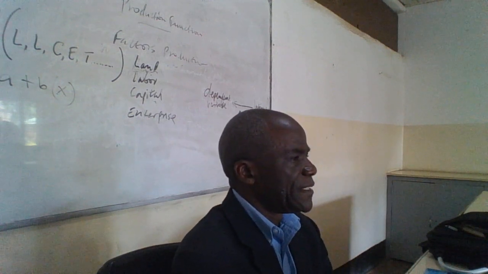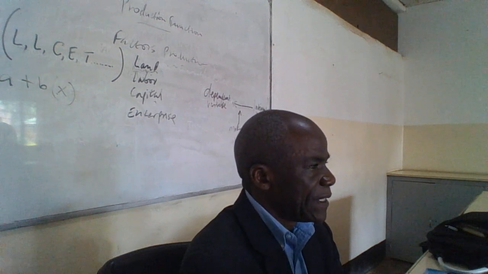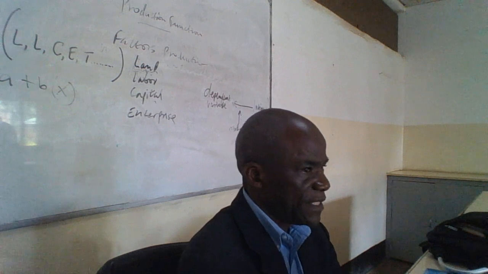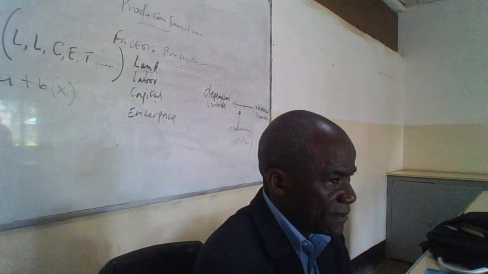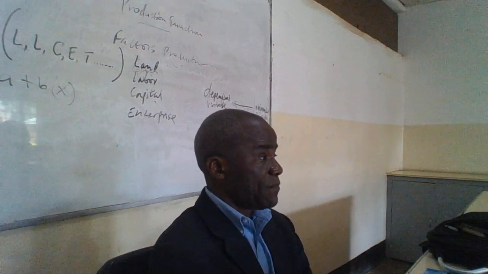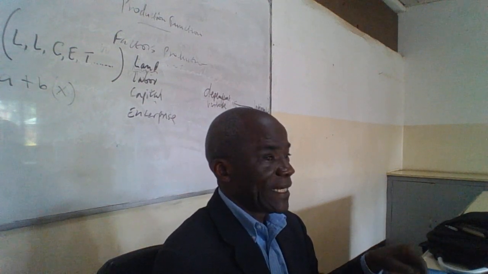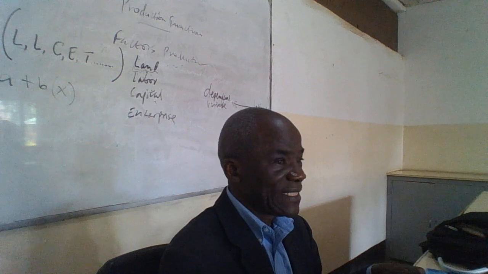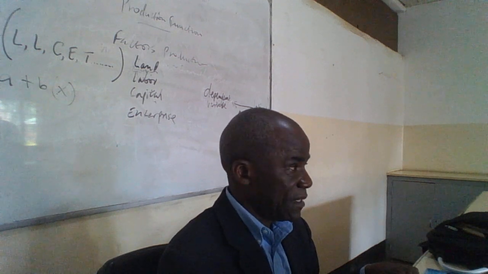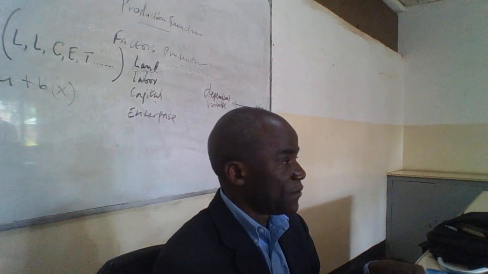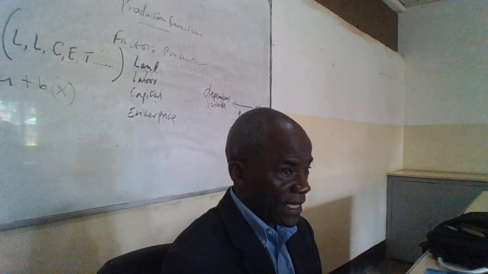You can make decisions about what is the best output you want to achieve out of the available inputs. Remember, the available inputs have an inelastic supply in the short period, which means that you can make decisions out of what you have at that particular time.